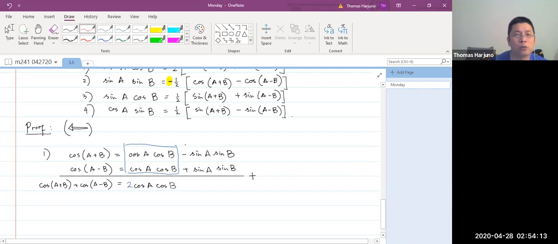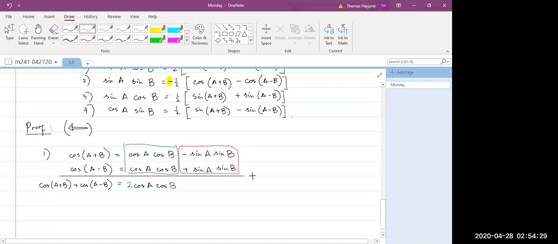While the last two terms, the last term for the first one and the last term for the second one, they are opposite to each other. You see that? So when you add them, what happened? They cancel each other. That's right.